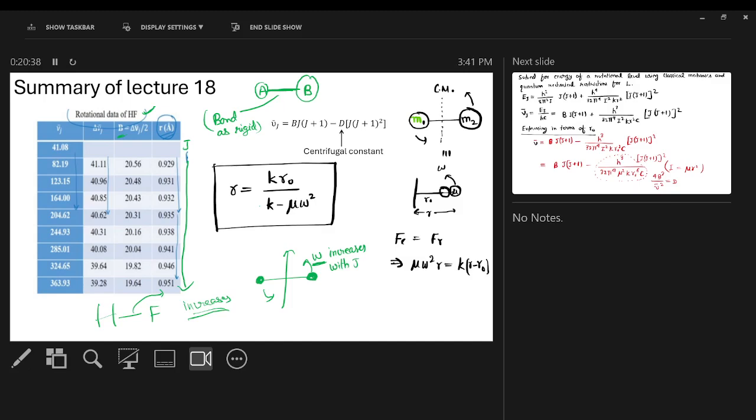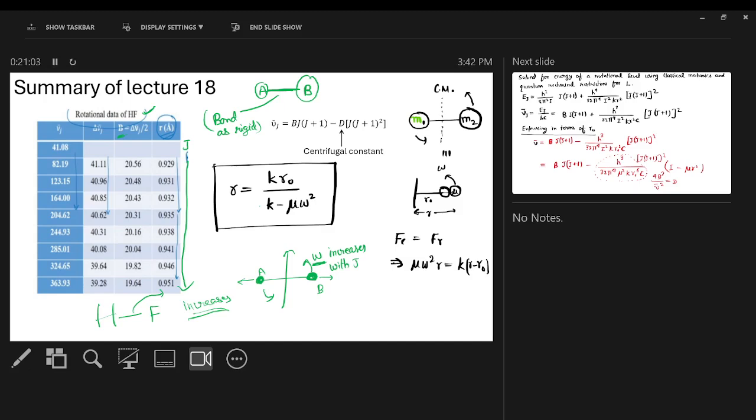So what is this centrifugal distortion? While rotating, some force will act in the outside direction. Let's say we have two atoms, A and B, and when this AB molecule rotates, some force acts outward on the molecule.